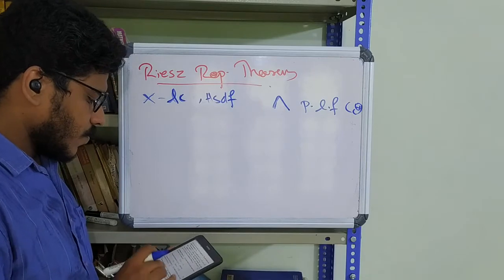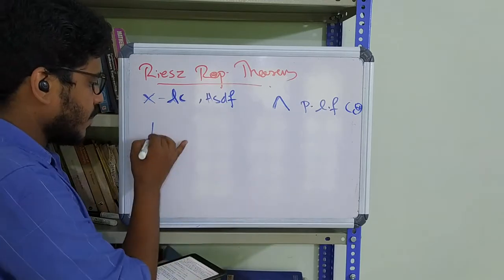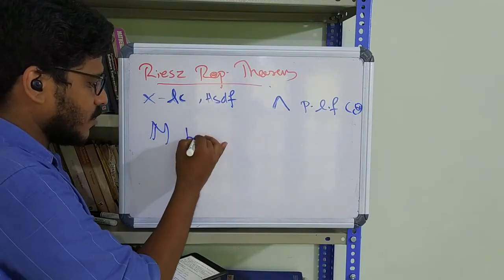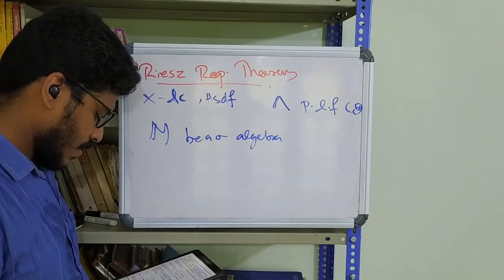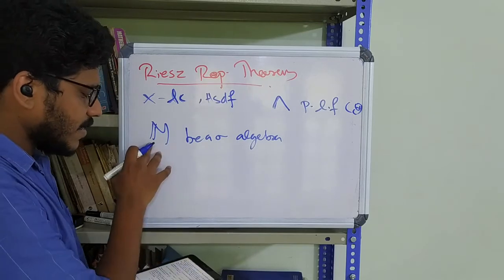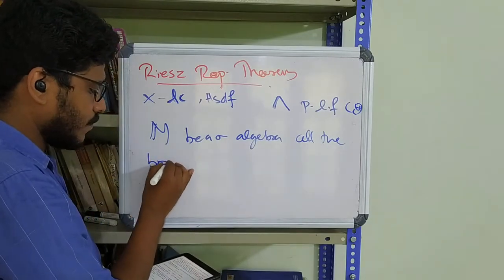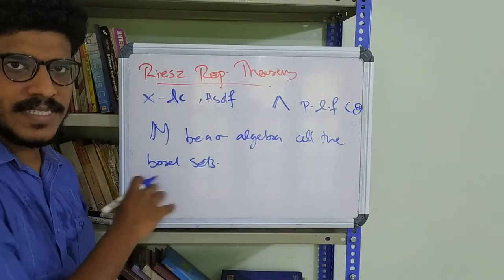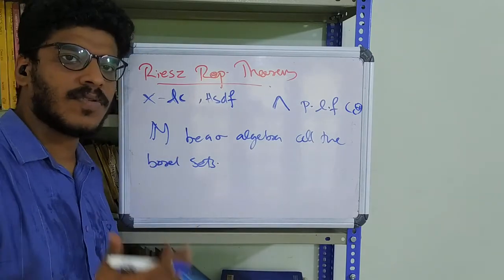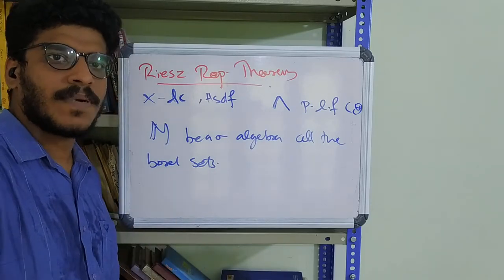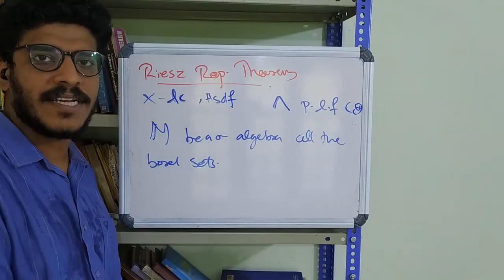So let the setup be like this, and let M be a sigma algebra on X, which contains all the Borel sets. I hope you remember the Borel sets. It comes from topology, where you construct the collection of all those sets which can be built from open sets and closed sets by the operations of union, intersection, or complementation.